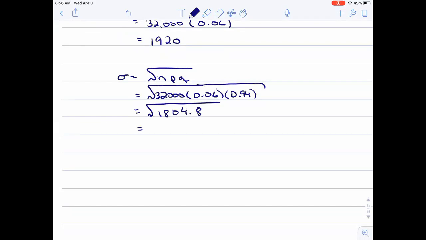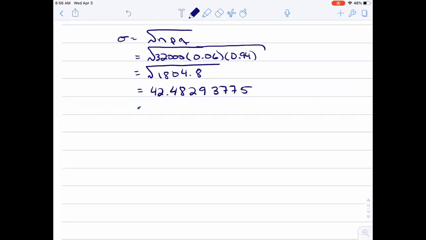So we've got a standard deviation of 42.48293775. I'll round it to 2 decimal places, 42.48.